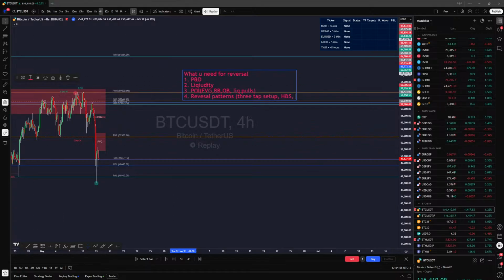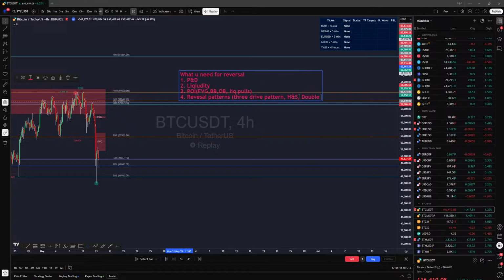The three drive pattern is three highs in a row.